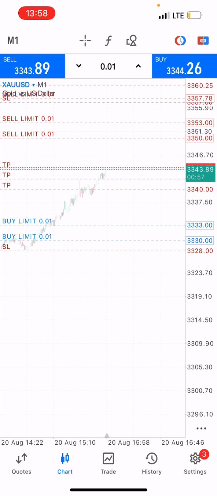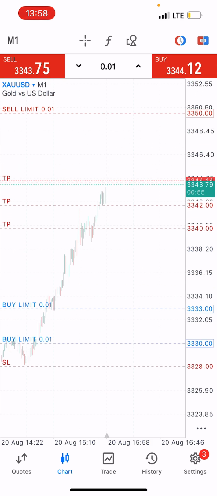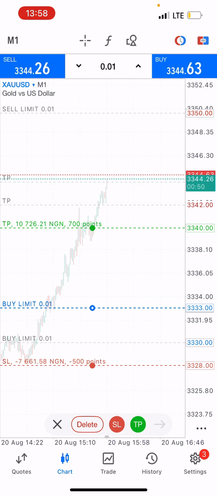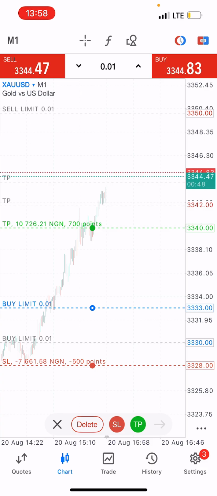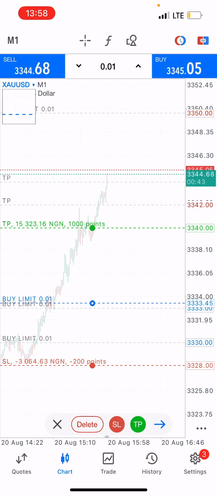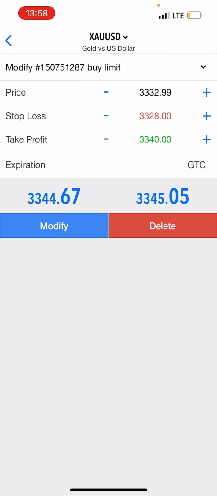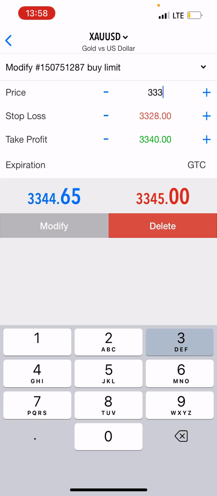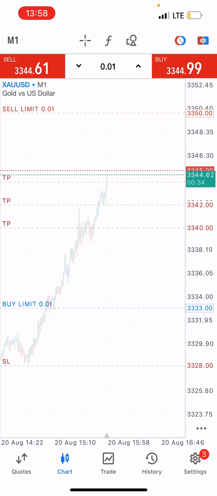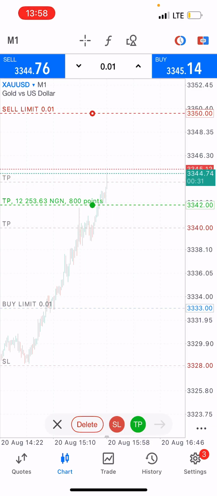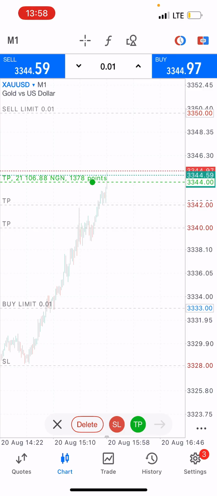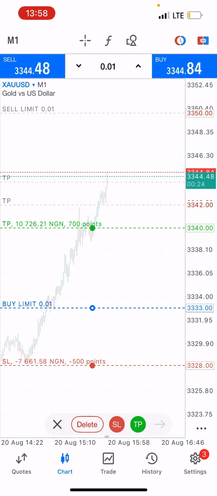We're using the same stop loss and the same take profit. Let me be sure.